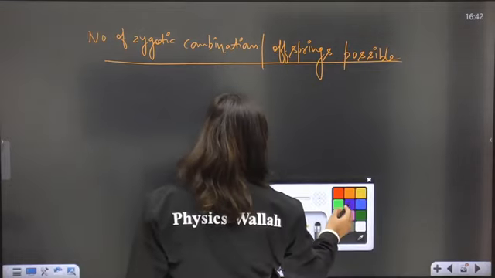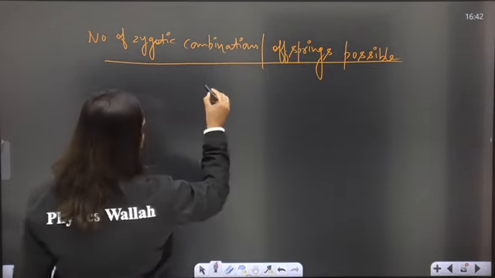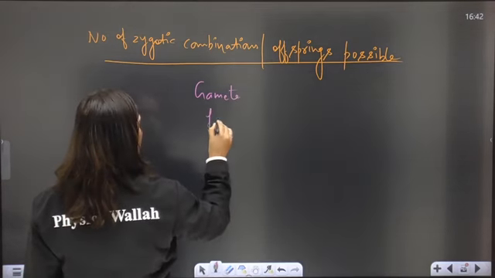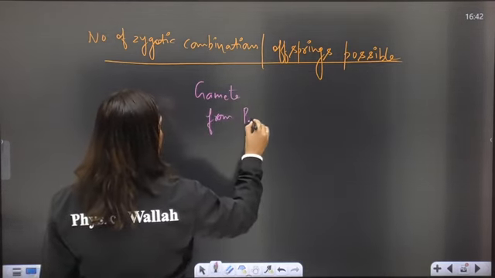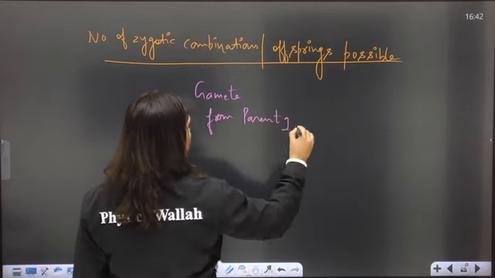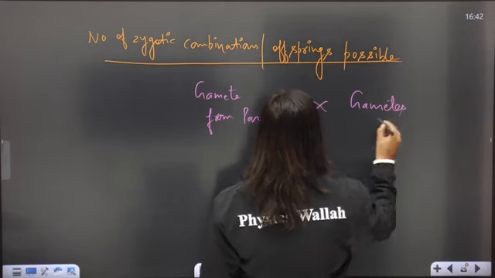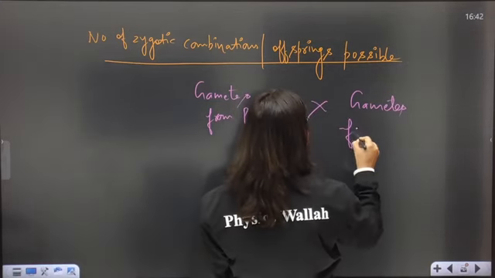You will simply calculate it by gametes from parent 1 into gametes from parent 2.